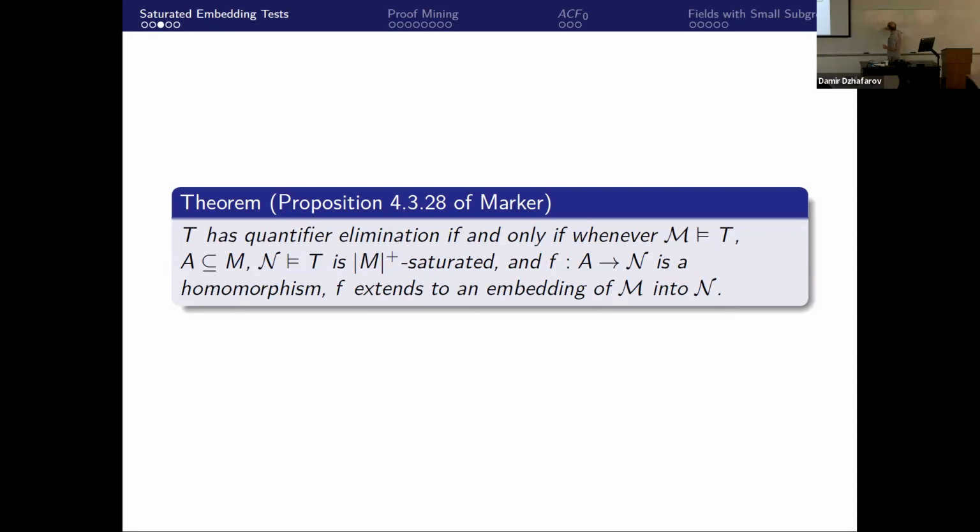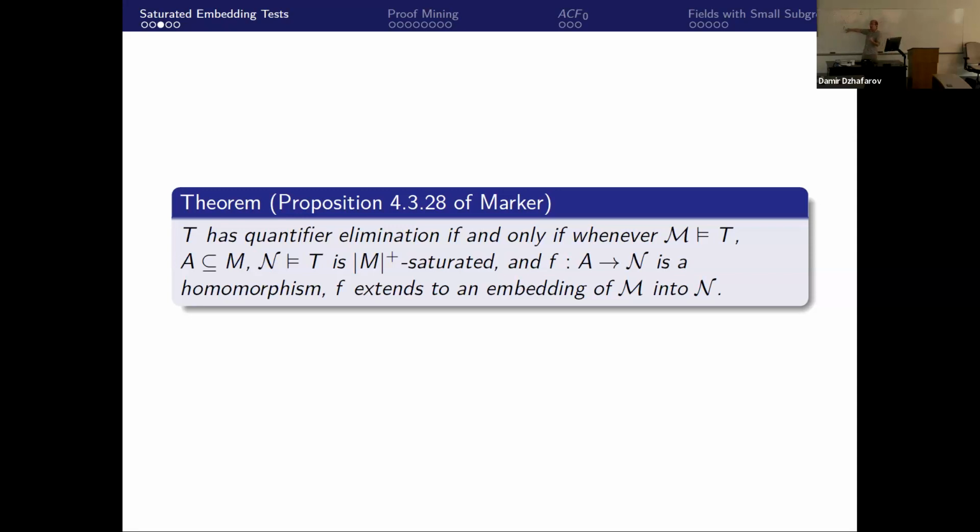I have a model M and I have a big model N, which is sufficiently saturated, and they overlap on a set A. I phrase it here as it's often phrased, with a homomorphism, but you could just pretend that you replace the elements of A with their image and make them the same. So imagine you have models that overlap on the set A, which is not typically a model of the theory.